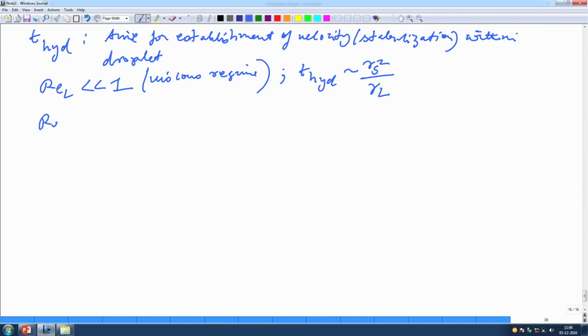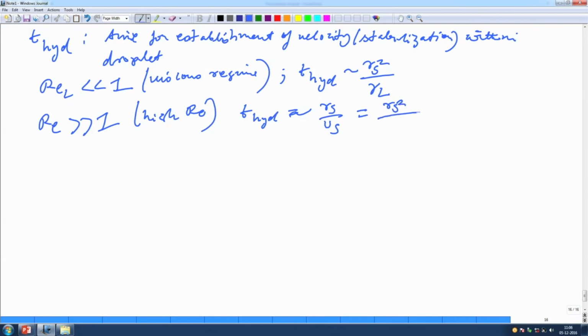Now, in the high Reynolds number case, that means Reynolds number much greater than 1, this same t_hydrodynamic will scale as Rs by Us. Us is nothing but the surface velocity, right. So, in other words, this will be equal to Rs square divided by nu_L into Reynolds number L.